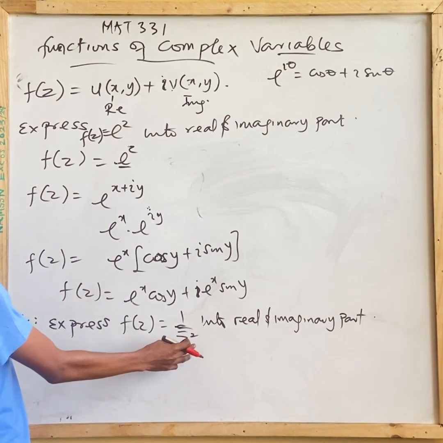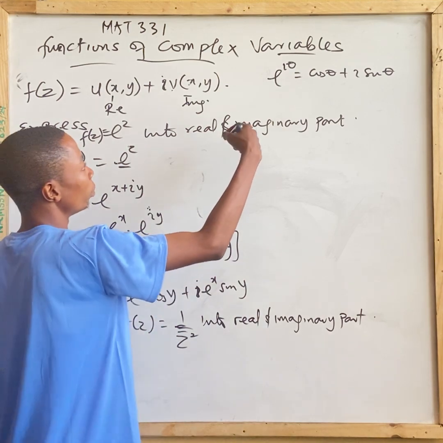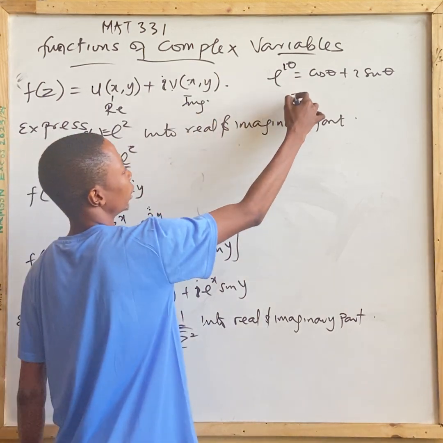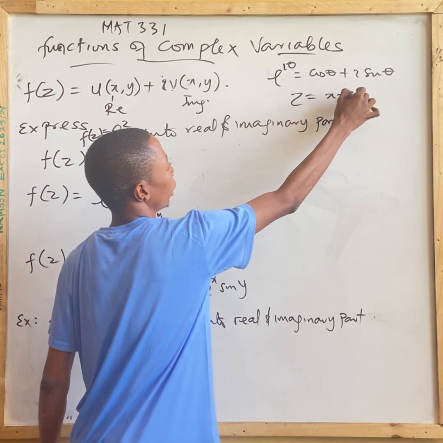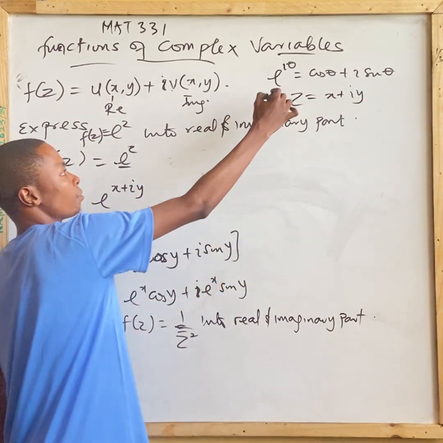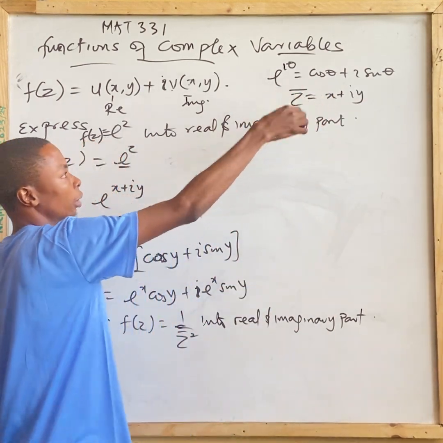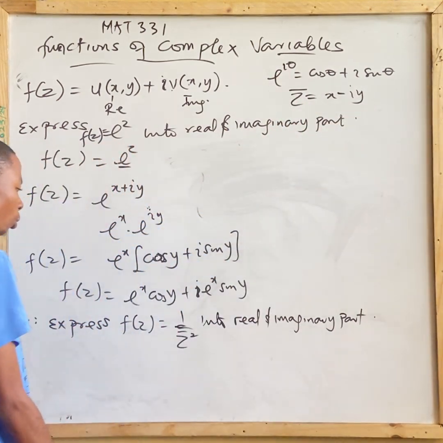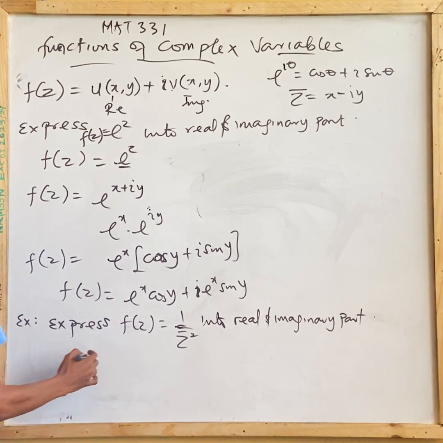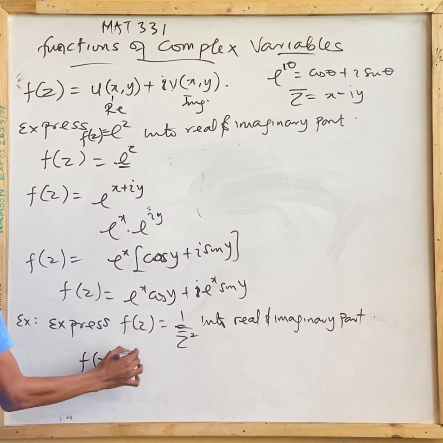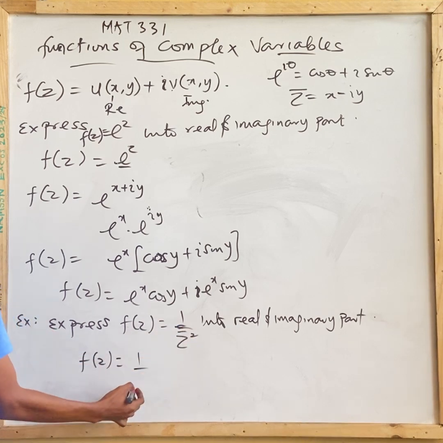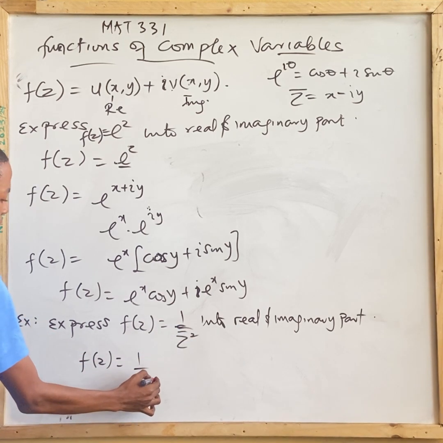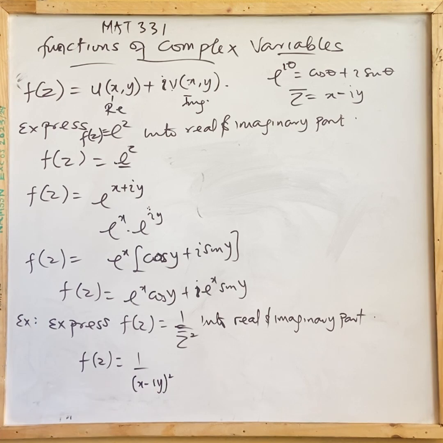I'll first ask myself, what is z bar? From the beginning of this course, we said that z equals x plus iy, rectangular form. So z bar, the conjugate of x plus iy, is x minus iy. Here now I have f of z equals 1 over z bar squared, that's 1 over x minus iy all squared.